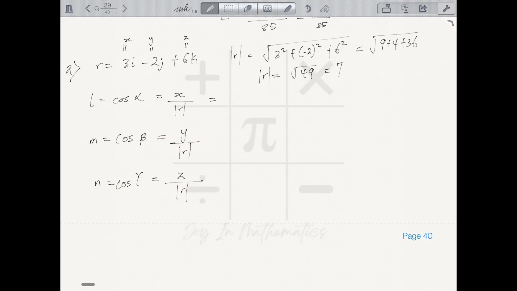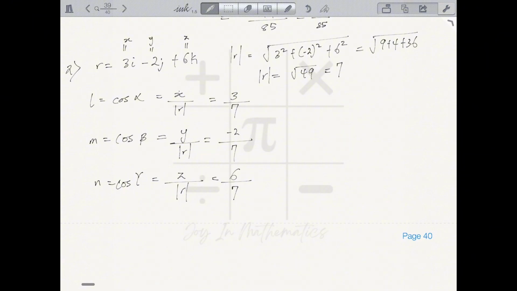So the direction cosine on the x-axis will be 3 divided by the modulus of r, which is 7. On the y-axis, cos beta is minus 2 divided by 7. And finally, for the z-axis, cos gamma is 6 divided by 7.